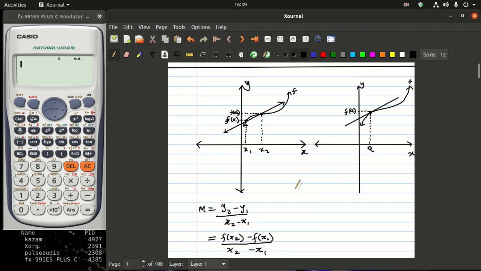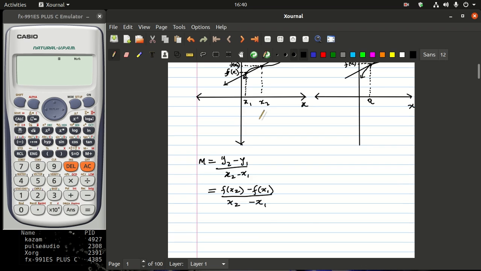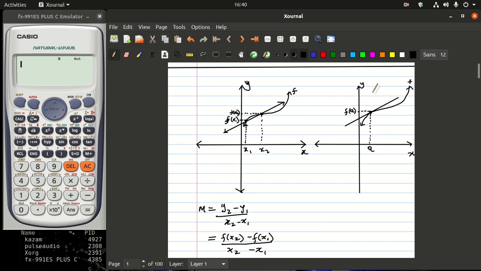We call this the average rate of change of this function f between these 2 points. Now the kicker is here. I still have the same function f, but I want to find the slope of this tangent line that is touching this curve at this particular point.